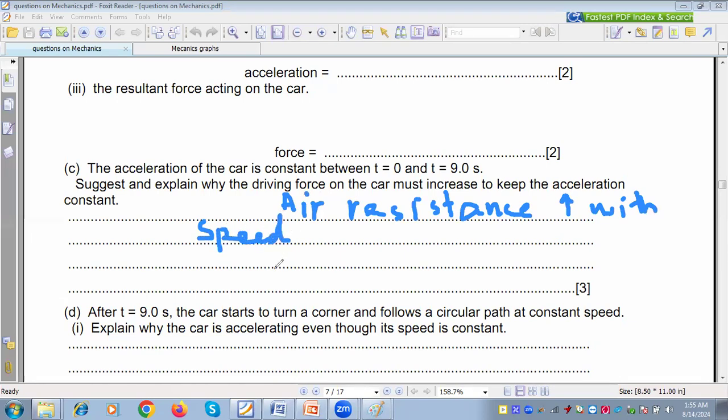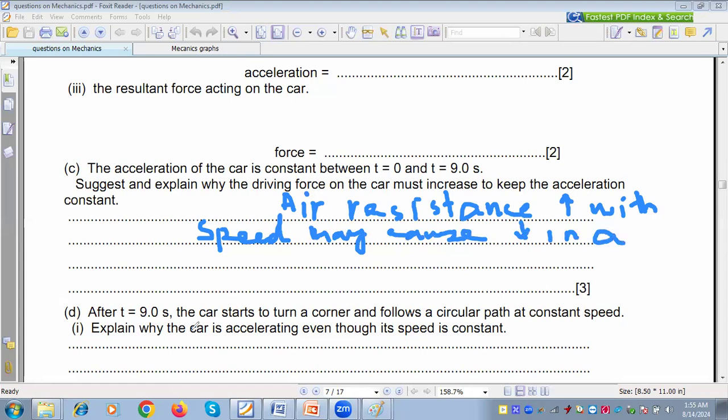So what will happen as a result? The car may go at a constant speed instead of accelerating. So it means the driving force should increase to keep the car accelerating, otherwise there is a decrease in acceleration.